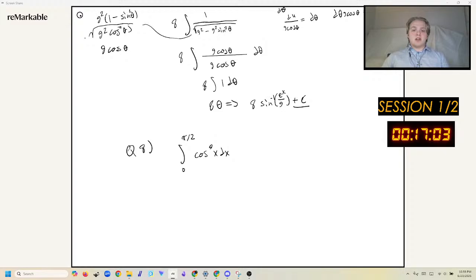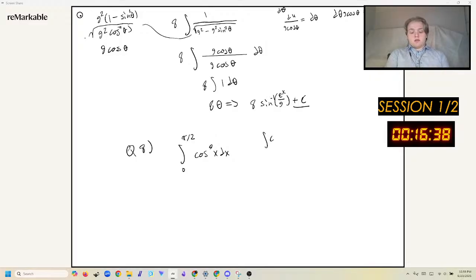Power reduction formulas are a really powerful tool for dealing with higher order cosines and sines, as well as tangents and secants. Here's our formula for cosine.